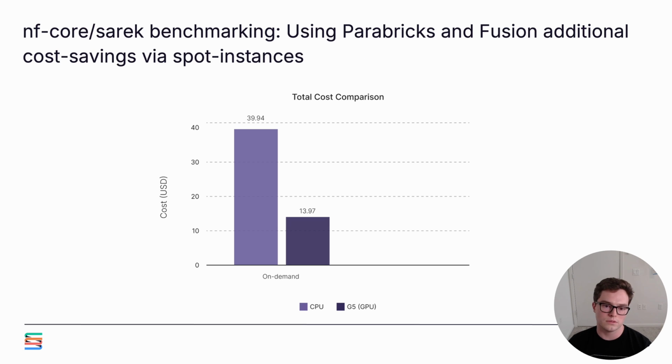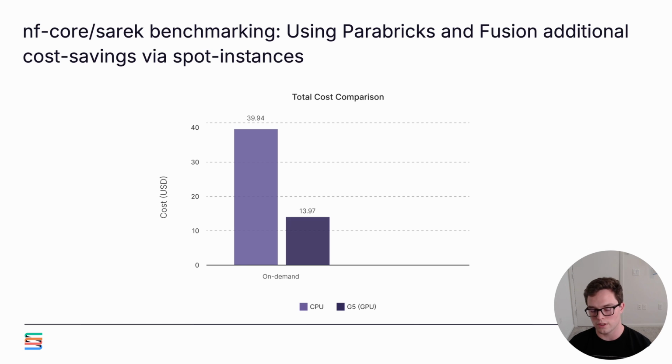Another thing that Fusion and Seqera Platform allow you to do is to use spot instances. Without really adding much complexity, we were able to rerun this with spot instances. I've got the $40 for the CPU and the $14 for the G5 instances on there.